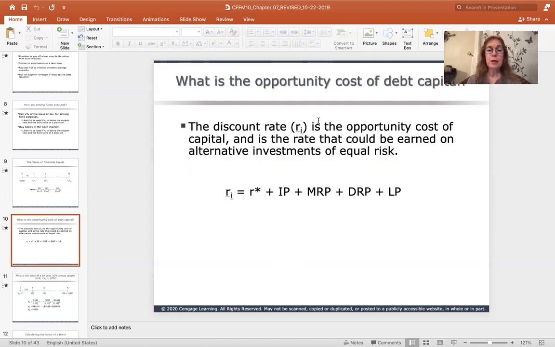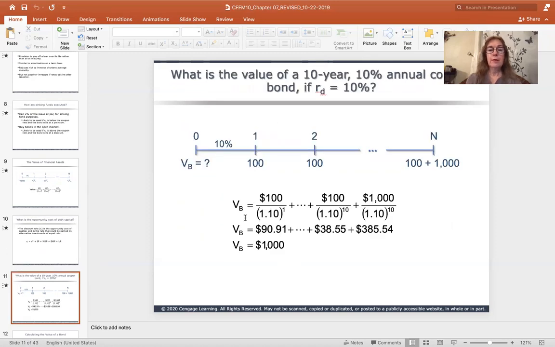The way they come up with the interest rate is the formula that we were looking at in the last chapter. Now, you can go over the book and take a look at the formula to calculate the value of a bond, but I'm going to show you how to do it in your calculator. But please take the time to look at the formula just so you know.